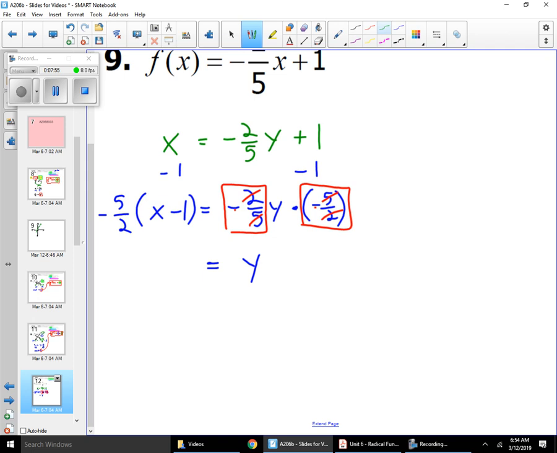On the left, we've got a distributive property. And even though it's fractions, we're just multiplying by x. So negative 5/2 of x is just negative 5/2 of x. And also negative times a positive will make it negative. We also have that negative 5/2 times a negative 1. This time, negative times a negative is positive.